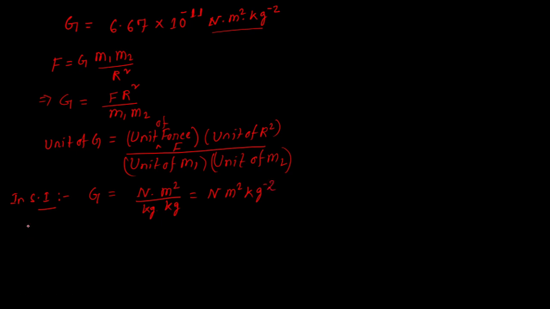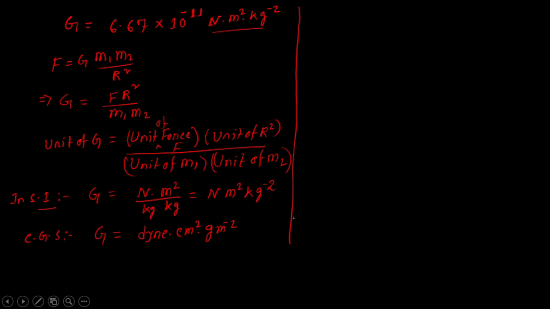In a similar manner, we can write the unit of G in the CGS system as dyne cm square gram to the power minus 2. So this is how we get the unit of the universal gravitational constant. Now if you wish to calculate the dimension of G, this can also be done from this relation.